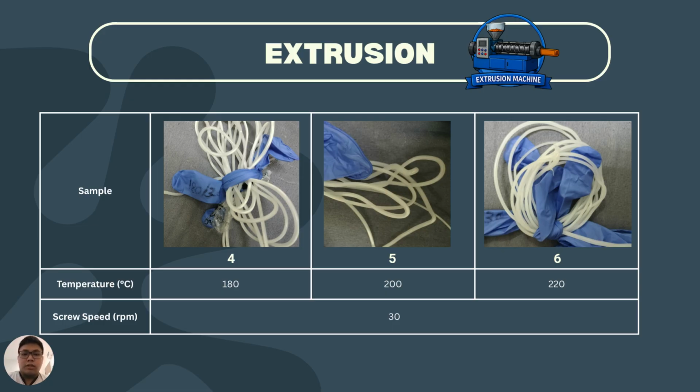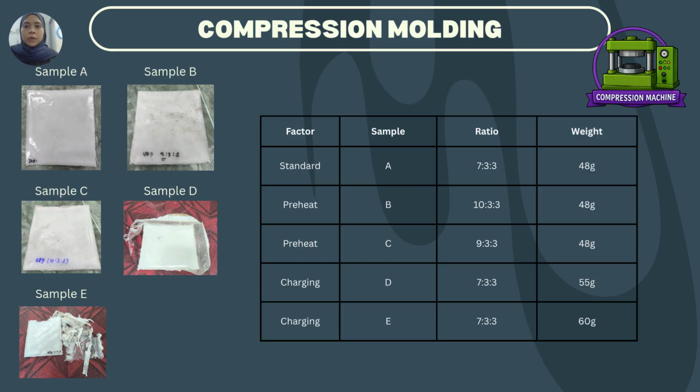This indicates that the increased shear rate at 30 rpm may be pushing the material beyond its optimal processing window at this temperature. That's all. Thank you.